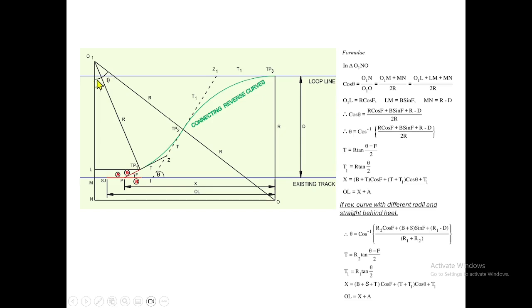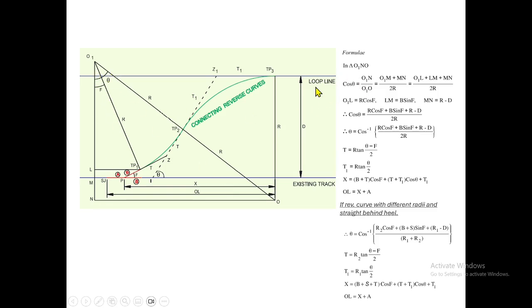So cos theta equal to O1 N over O1 O. That means in this triangle, for this theta, cos theta equal to adjacent side over hypotenuse. In this case, this is your adjacent side, this is your hypotenuse.